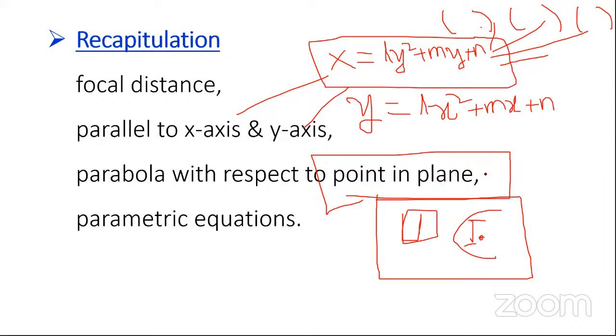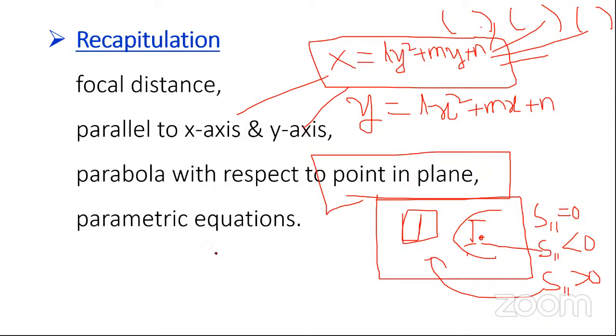Substitute the values in the equation y² = 4x, then we'll get whether the point is interior or exterior. And one more thing, on the line means S11 should be 0. If S11 is less than 0, it means interior. If S11 is greater than 0, it means exterior. So this is the interior and exterior.